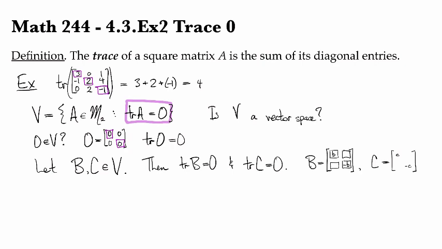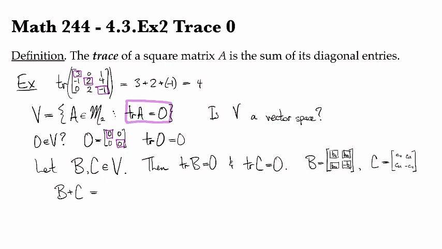So if we look at B plus C, all we need to check is what happens on the diagonals. Let's go back. I'm going to rewrite this as B11, minus B11, B12, B21, and C11, minus C11, C12, C21. Now everything's a little bit more definite.